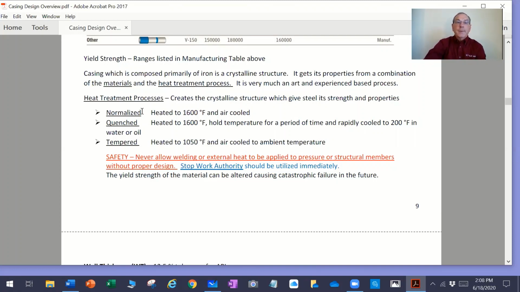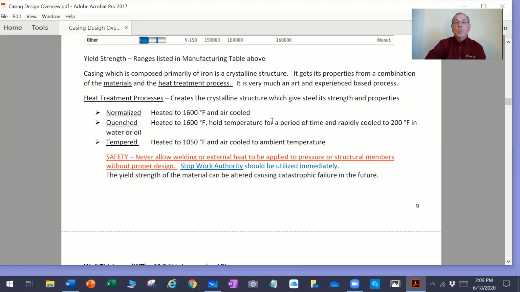So here are some terms that you probably won't necessarily remember, but you can look them up. Normalized means that the steel is heated to 1600 degrees Fahrenheit and then air cooled. And then it's quenched, which means it's heated up to 1600 degrees Fahrenheit, held at that temperature for a period of time, and then rapidly cooled to 200 degrees Fahrenheit in either water or oil.